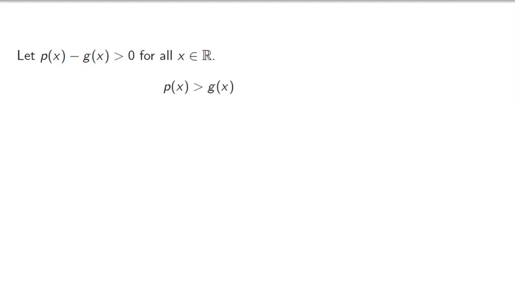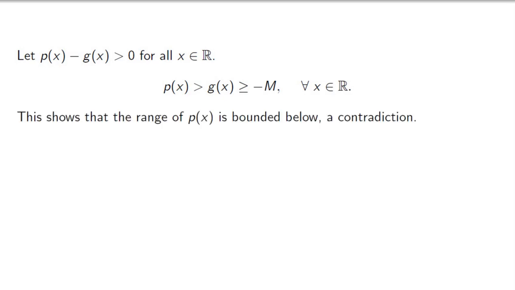So we will have p(x) greater than g(x) for all x in R, and since we have already shown by the boundedness of g(x) that g(x) is greater than or equal to minus m for all x in R, this shows that the range of p is bounded below, which is a contradiction.